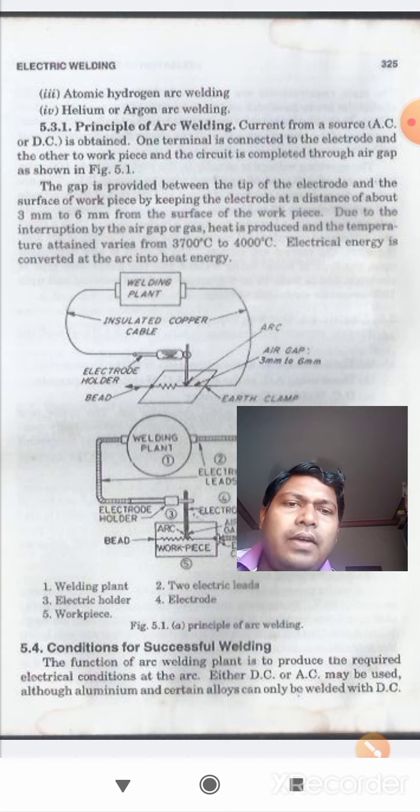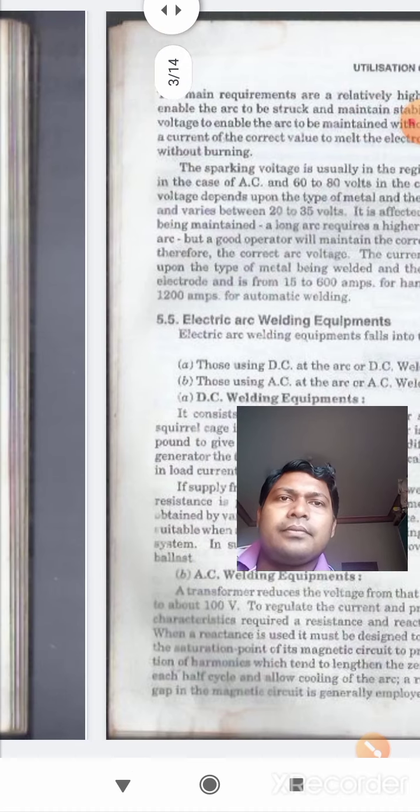So the function of an arc welding plant is to produce the required electrical condition at the arc. Either DC or AC may be used, although aluminum and certain alloys can be welded with DC. So aluminum and certain alloys of it can be welded with DC, or else you can go for AC or DC also.